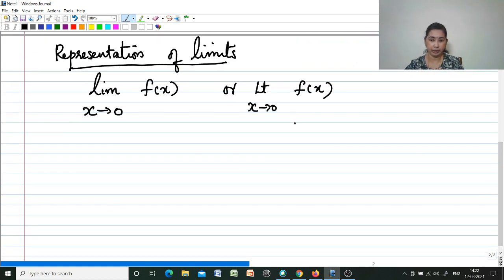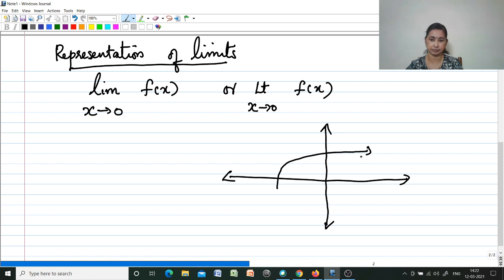Suppose I am drawing a graph here of some particular function, and at this point here x is equal to a. At that point, this function is touching at L. So here, when x is tending to a particular value, what is the limit at that value?